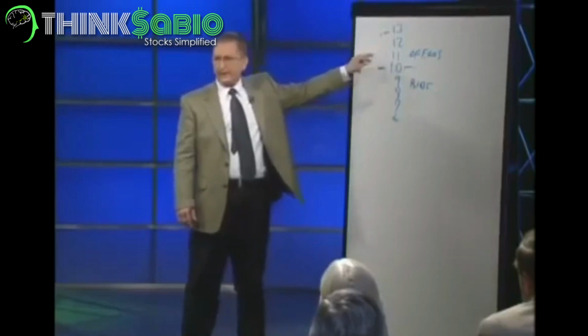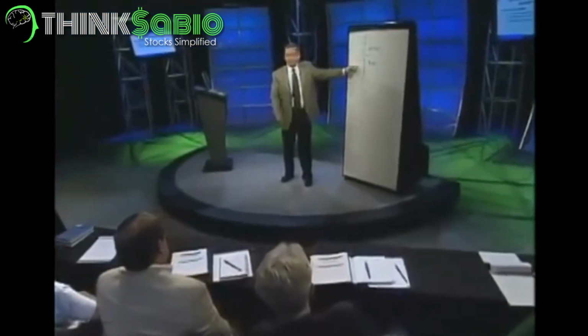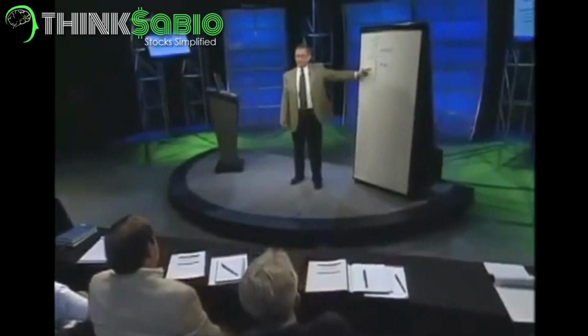Think about what I just said. I am willing to do the opposite of what I need to do to make money because my conviction is so strong that the next price will be 12 or 13. Otherwise, this person would wait. If this person thought the next price was going to be 9, then they'd buy lower. If they thought it was going to be 8, they'd wait and buy lower.